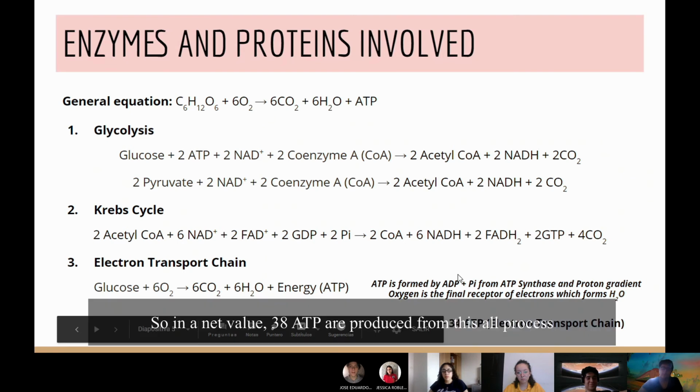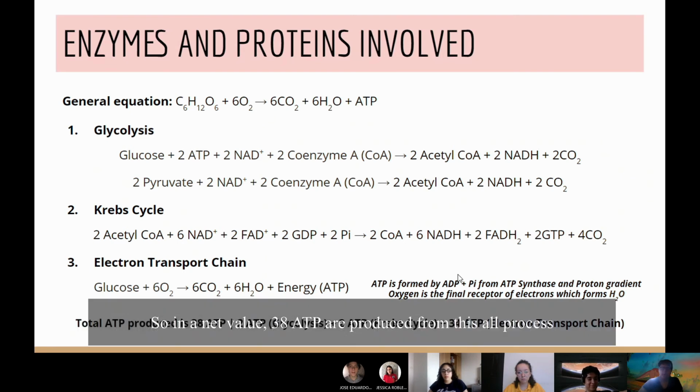So in net value, 38 ATP molecules are produced from this whole process.